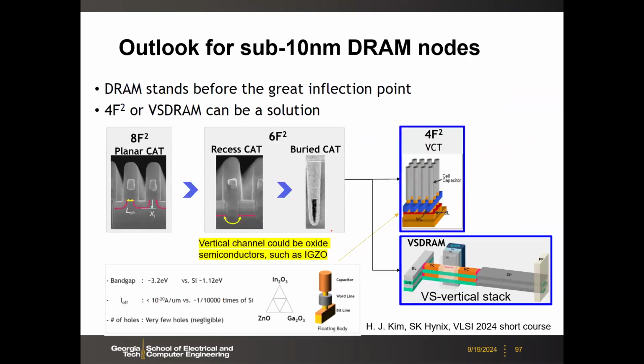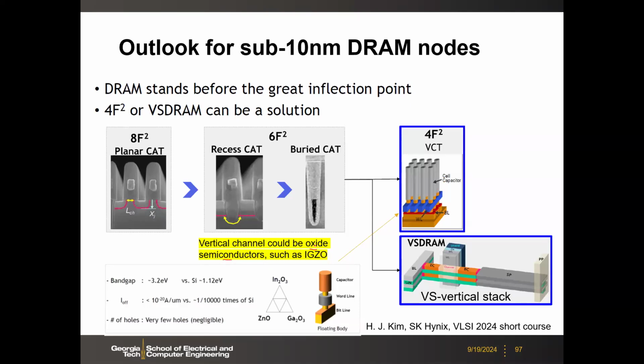So until recently, this idea became popular again. This vertical access transistor has become an active research topic again, thanks to new materials, such as an oxide semiconductor channel instead of silicon, because with silicon the leakage is a problem.